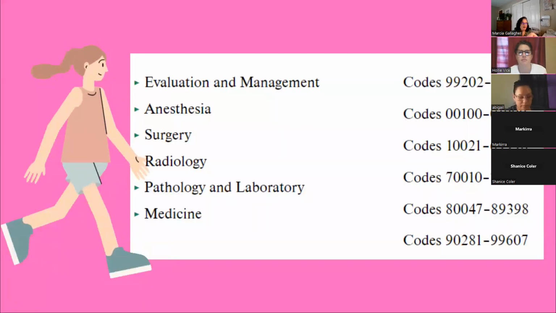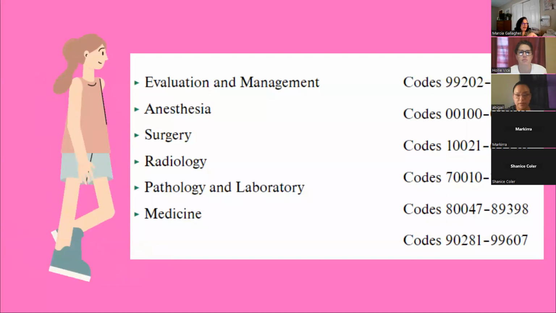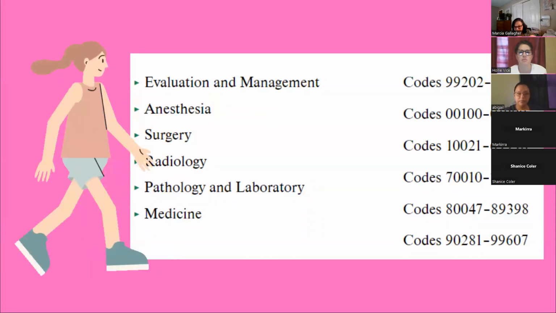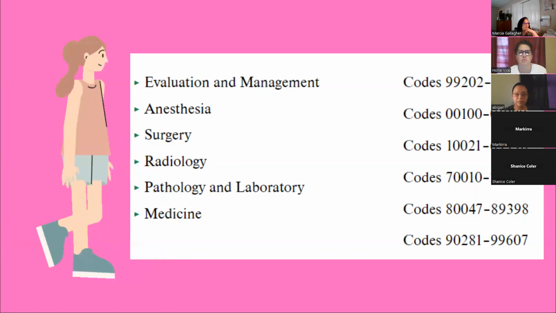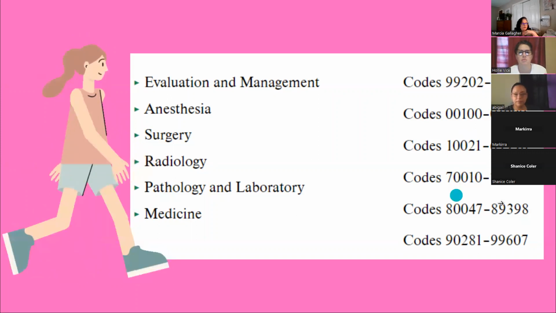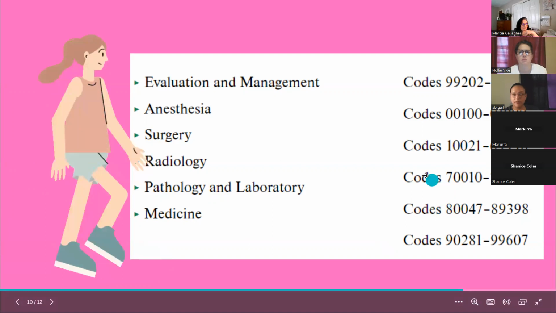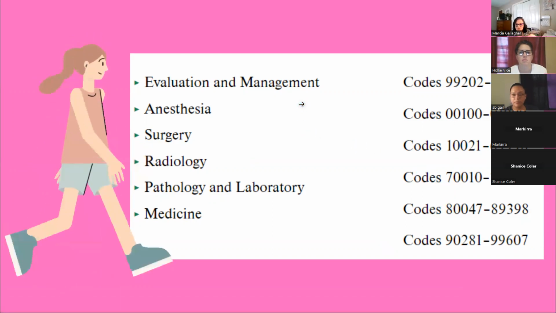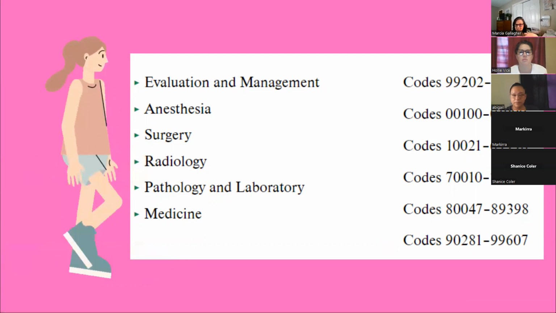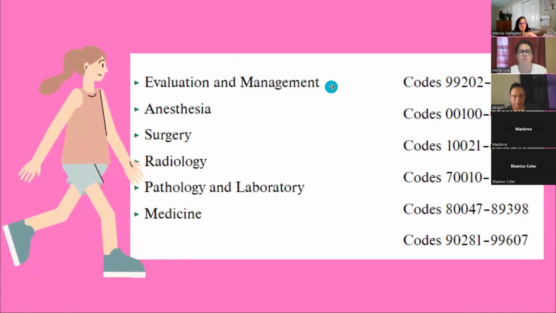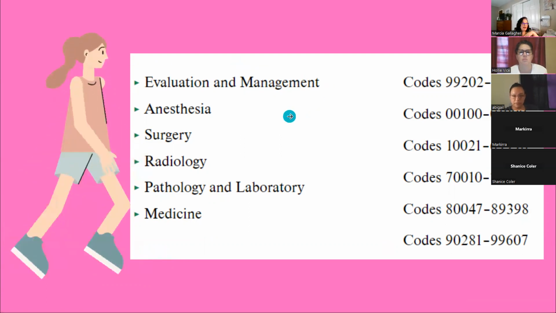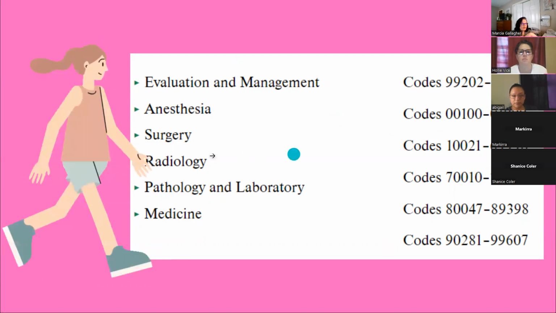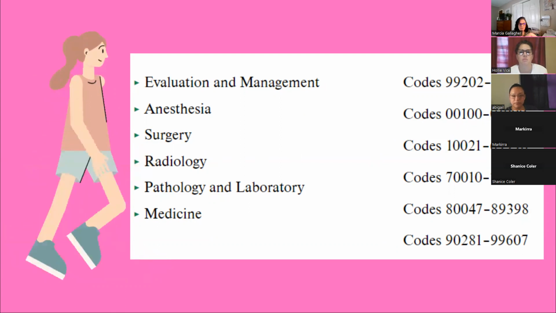So we're going to talk about code ranges, and you don't have to write this down. This is actually in your book, but if you kind of remember, for example, I know that evaluation and management always starts with 99. If you see a 99 code, it's an evaluation and management code. Anesthesia codes always start with 0. Surgery, you're going to see a big jump.